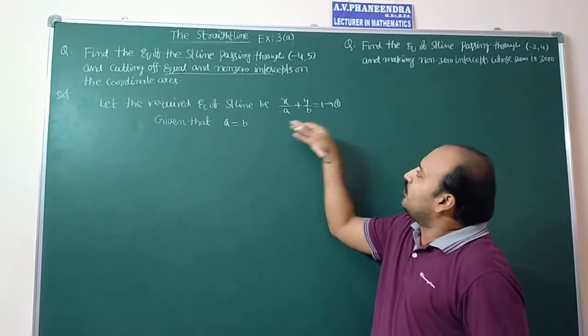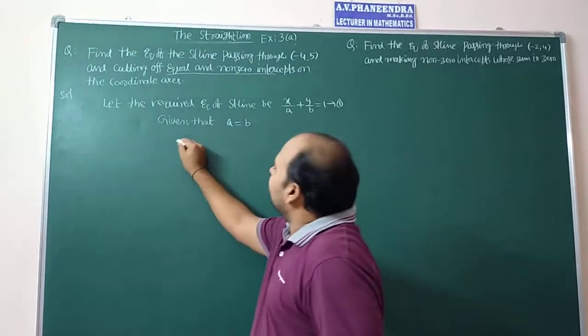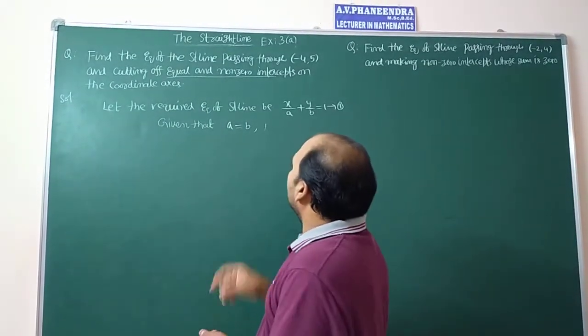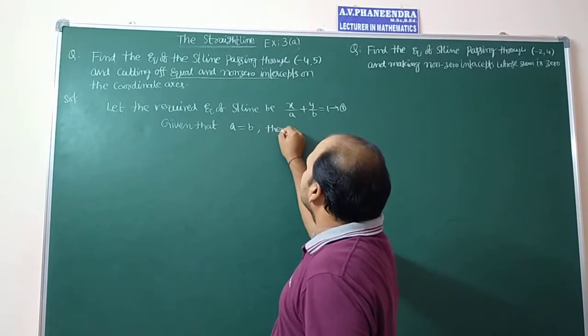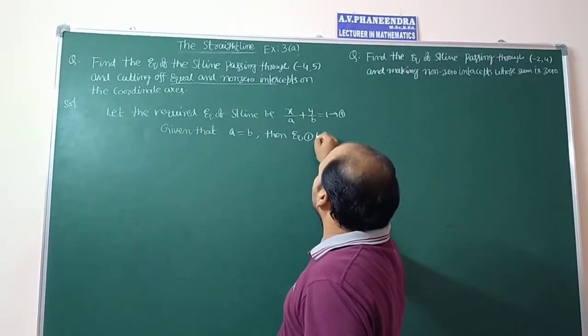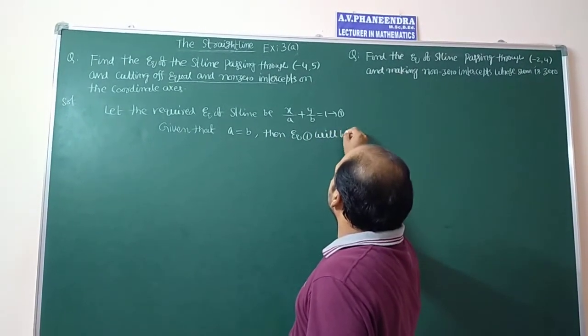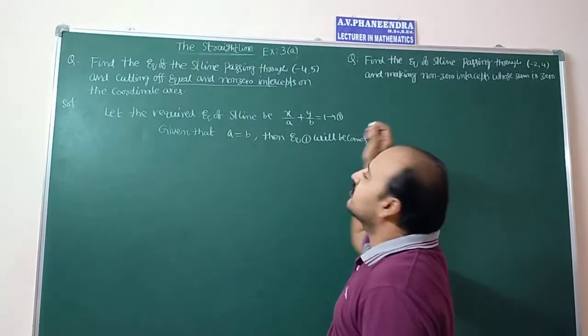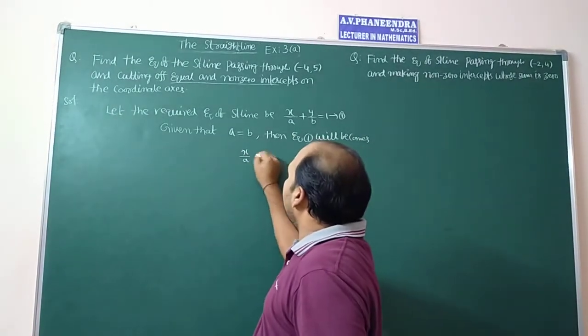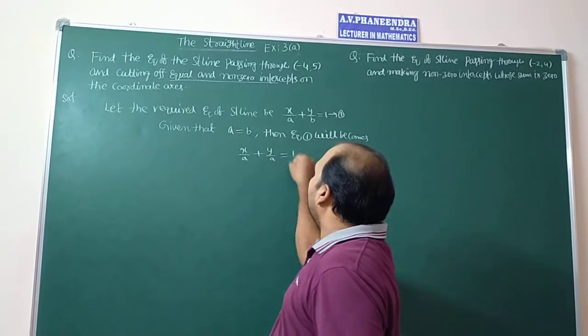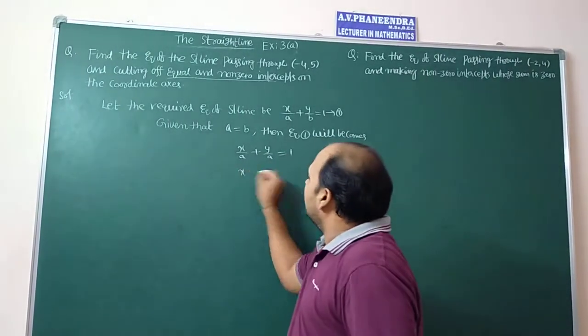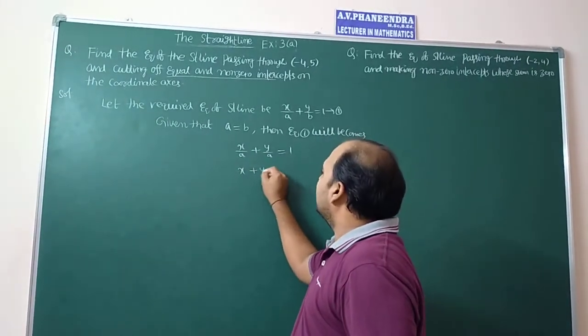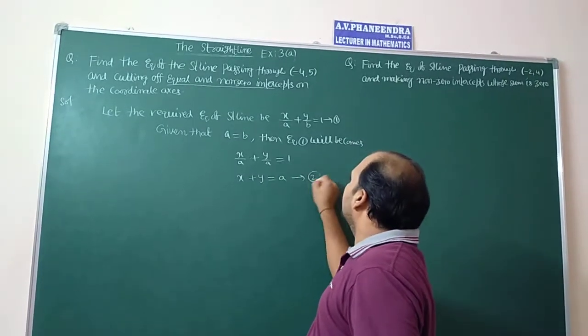Whenever a is equal to b, equation 1 becomes x by a plus y by a equal to 1. So x plus y is equal to a, equation number 2.